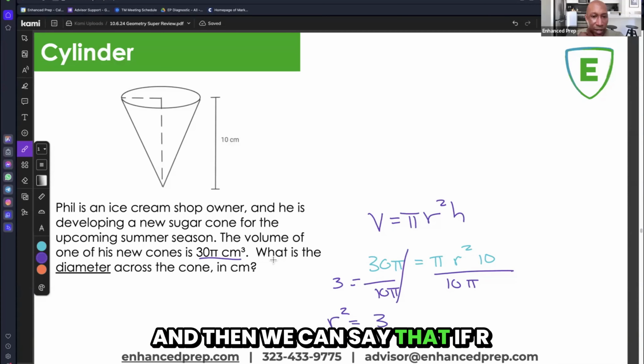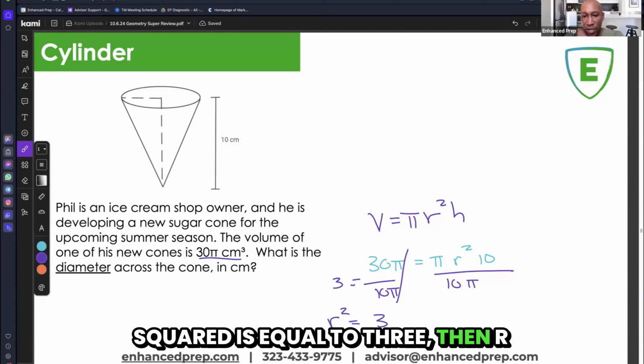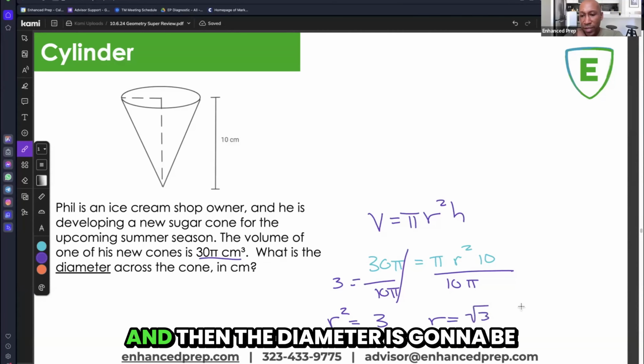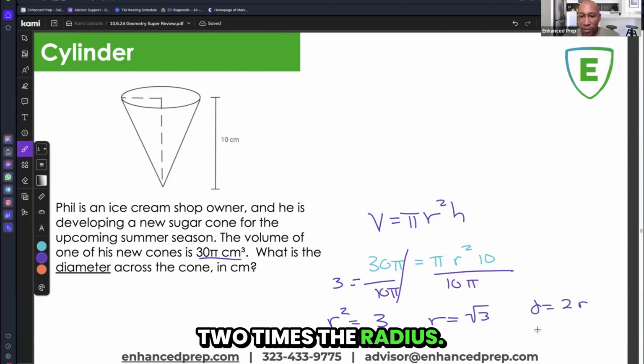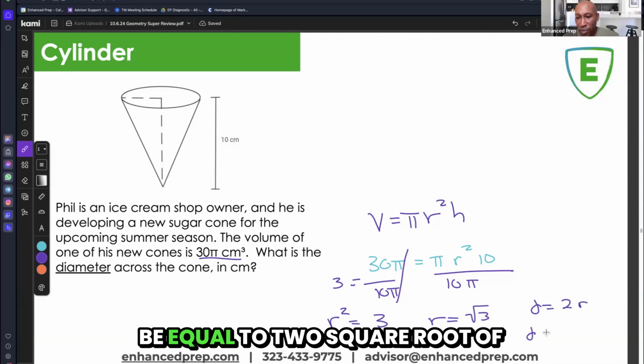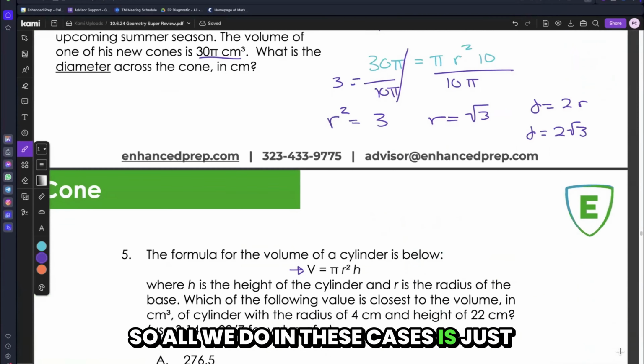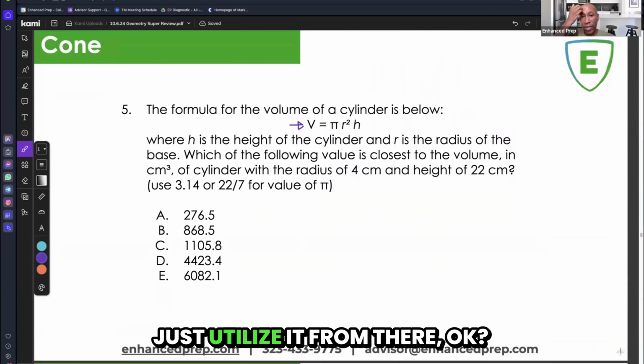And if r squared is equal to 3, then r is going to be equal to the square root of 3. And then the diameter is going to be 2 times the radius. So the diameter is going to be equal to 2 square root of 3. Cool. Okay. So all we do in these cases is just plug our values in, and then we just utilize it from there. Okay.